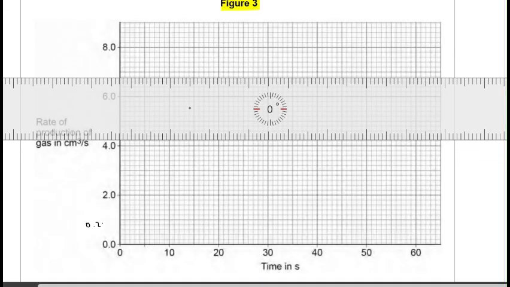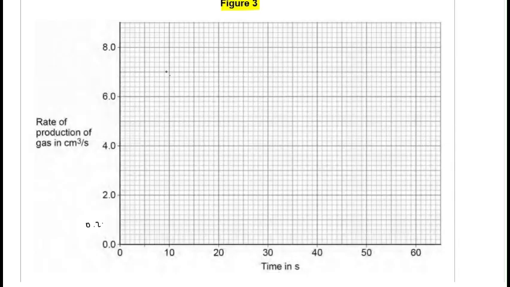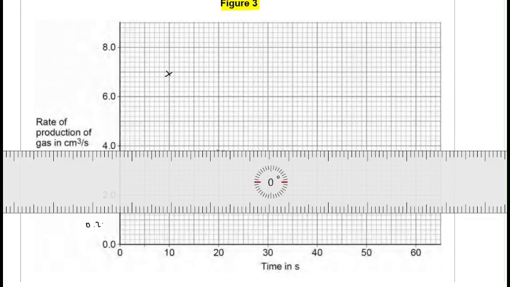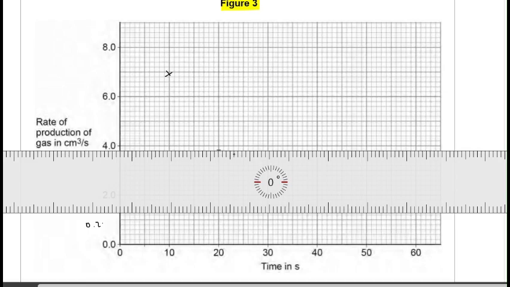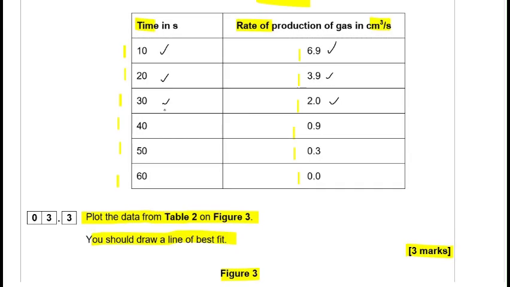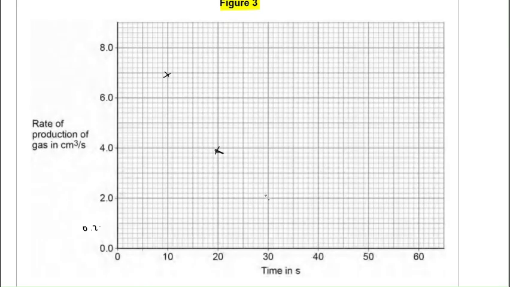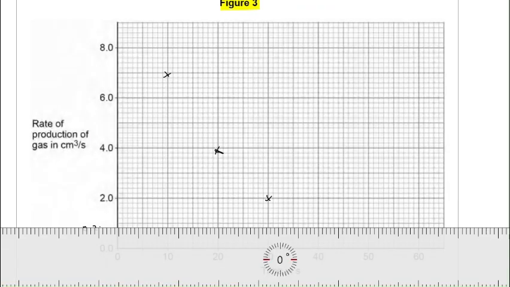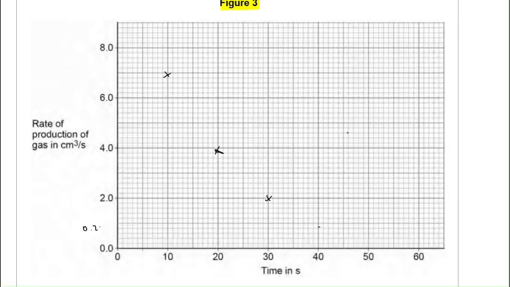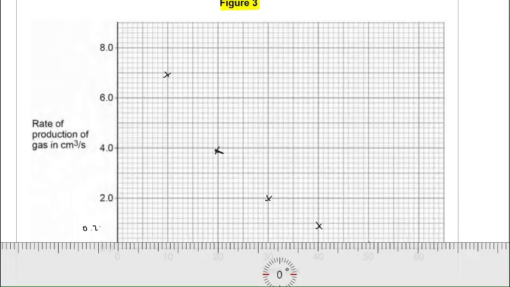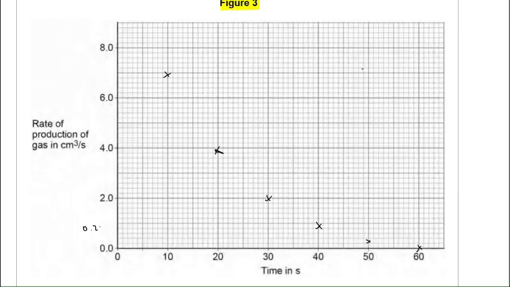Then we use our ruler, we work out where the first number is, 6.9. And then we move across with our pencil to 10 centimetres. You've done this many times. Then we carry on going through each plot until we get our nice sharp crosses with our very sharp pencil. Once we've done that, we draw a line of best fit, and then we've got our 3 marks.